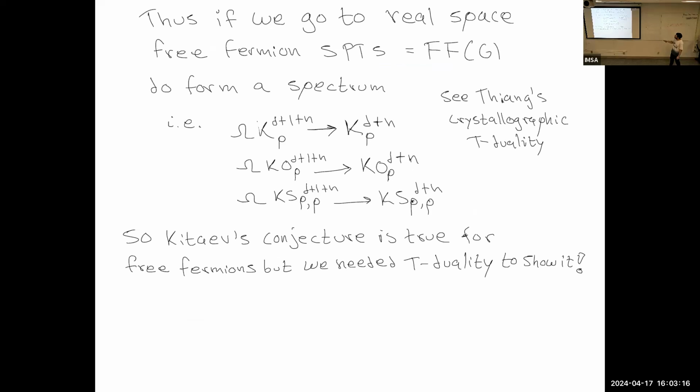And this fits with Kitaev's conjecture, right? If you look at it in real space, then it's true that the loop space of this thing, so his conjecture is true. This is just a statement of this conjecture.